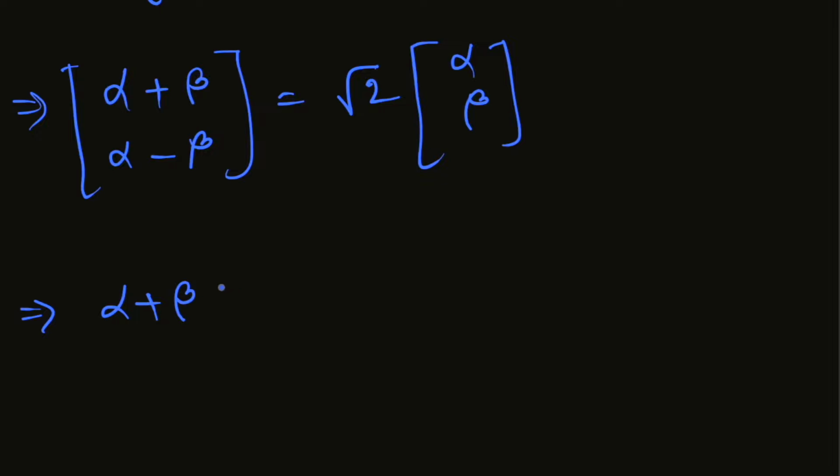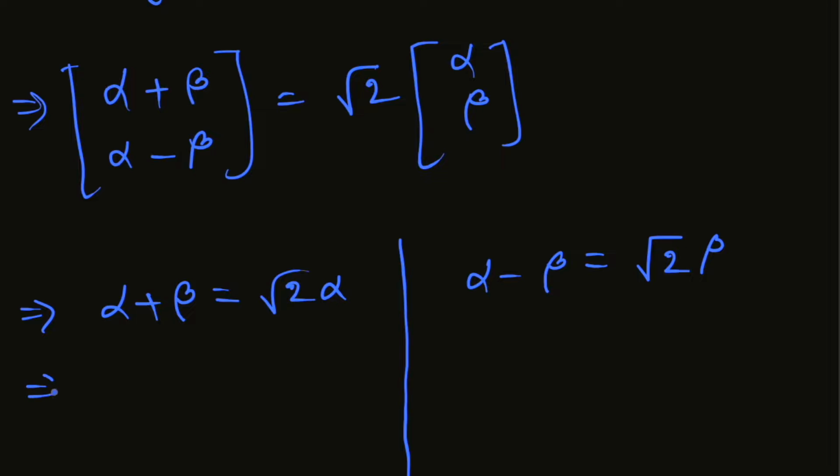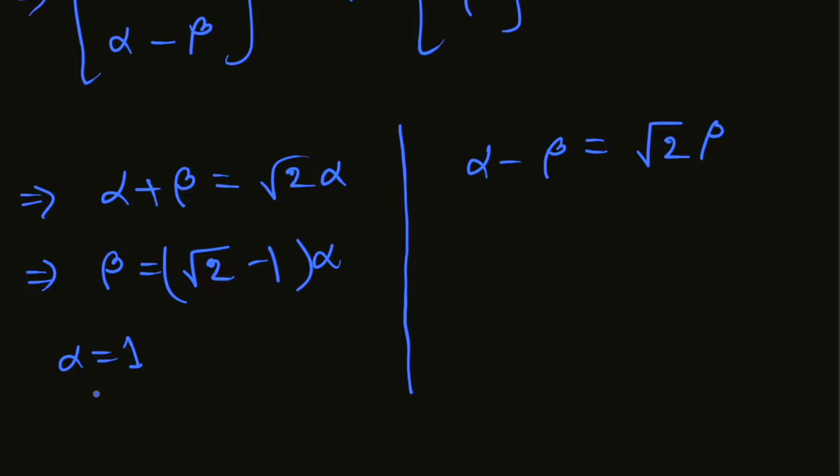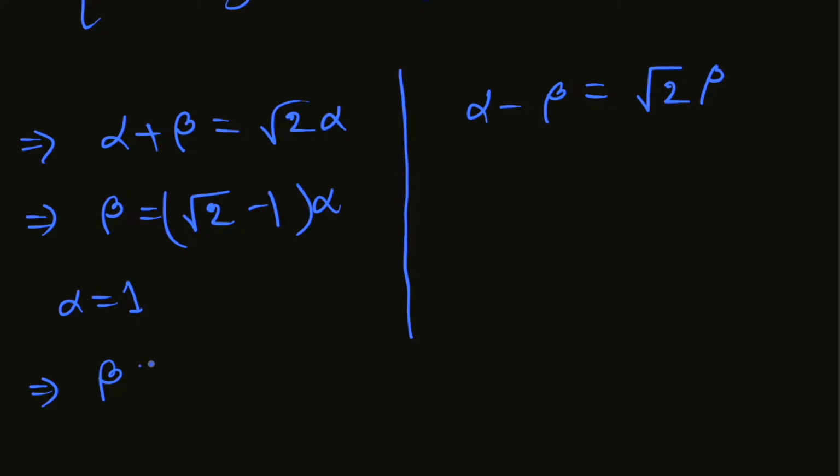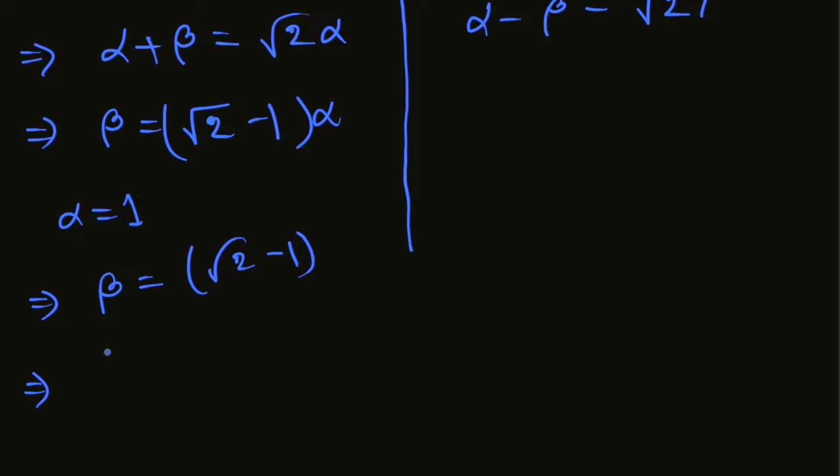Alpha plus beta is equal to root 2 alpha, and alpha minus beta is equal to root 2 beta. From the first equation we get beta equal to (root 2 minus 1) alpha. Now if we put alpha equal to 1, we get beta equal to root 2 minus 1. That means one eigenvector, x1, will be (1, root 2 minus 1).